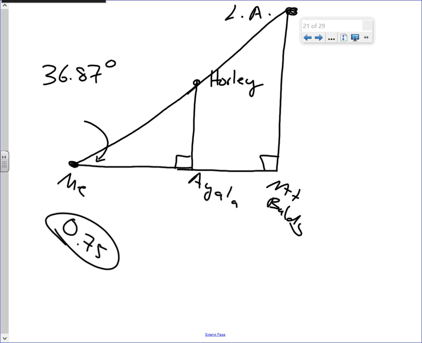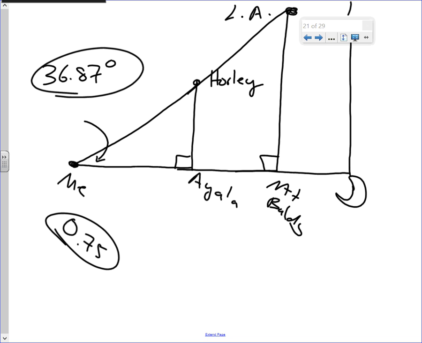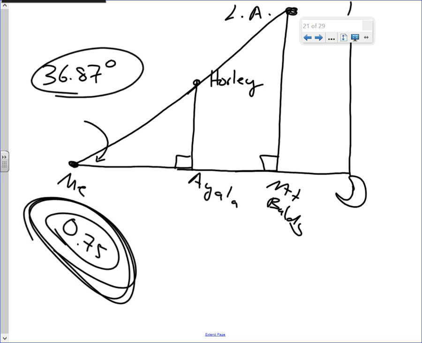How about this? Forget Mount Baldy. Let me start looking upwards. How about the moon? And up here, how about Saturn? If the angle is still 36.87 degrees, then whatever object, say Saturn to the moon and the moon to me, it's still going to be that ratio. Forget the moon.